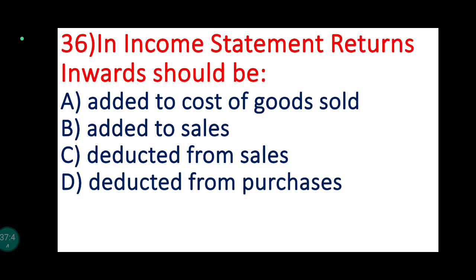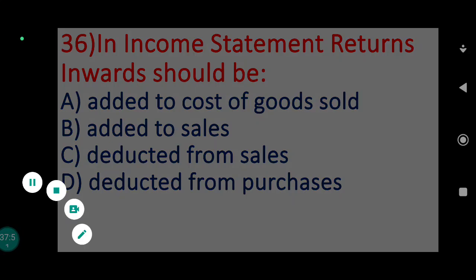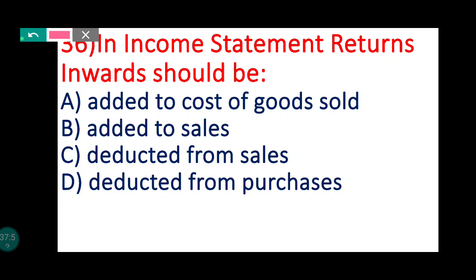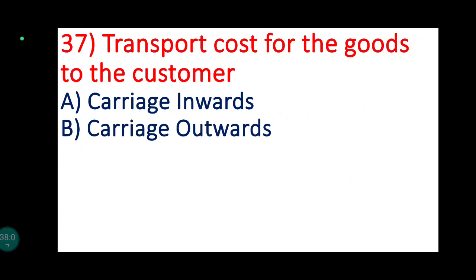In income statement, returns inward should be, see, returns inward means sales returns. Okay. So sales returns we deduct from sales, so that we will get amount of the net sales. So in income statement, returns inward is deducted from sales. 37.